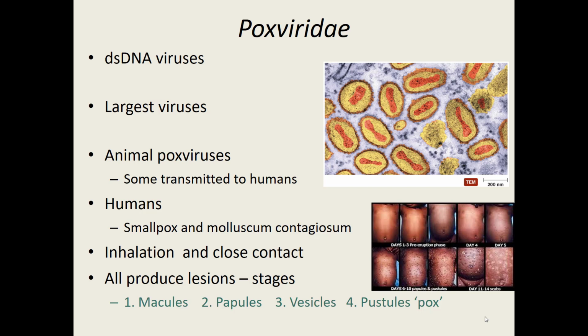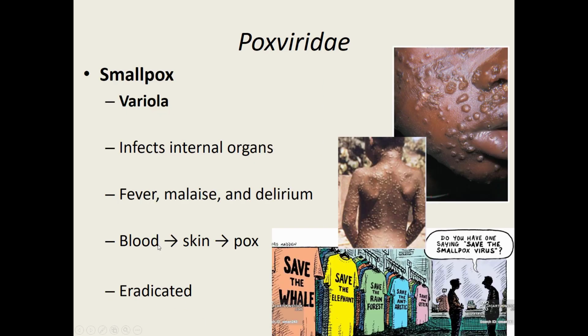Now the first virus that infects humans is smallpox. The virus itself is also commonly known as variola, and it's also known as the orthopox virus, so several names, but the disease is called smallpox. This particular virus affects internal organs.